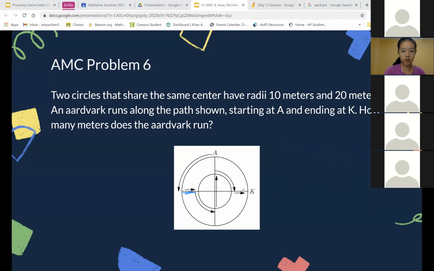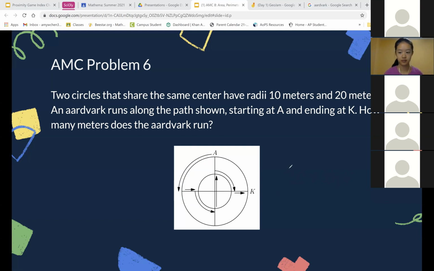Also, these straight paths add up to just one straight line across the diameter of the larger circle, so you could also just get 40 from there. And then finally, you could just get one fourth of the circumference of the larger circle. That way you don't have to add them up one by one. So if you're in a time situation, you could do it that way.